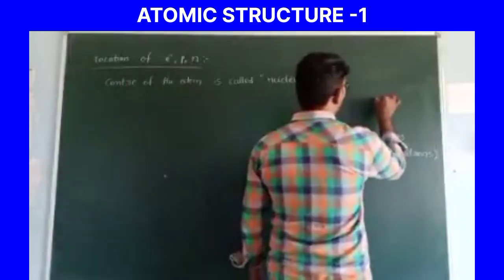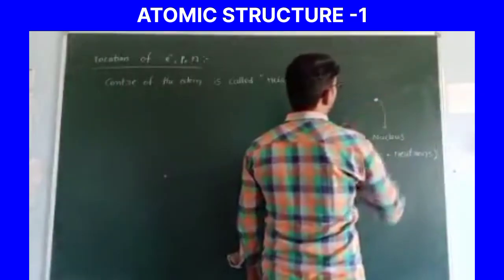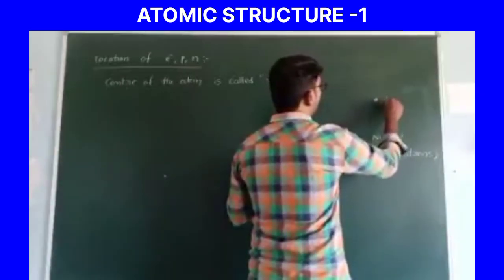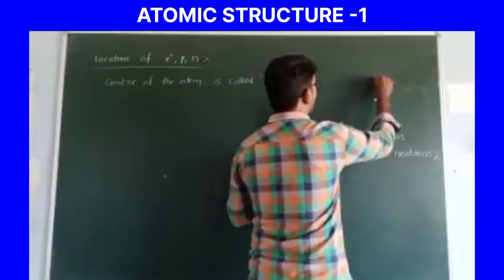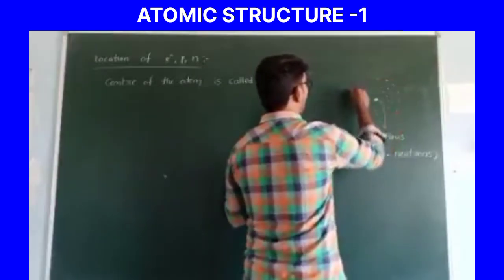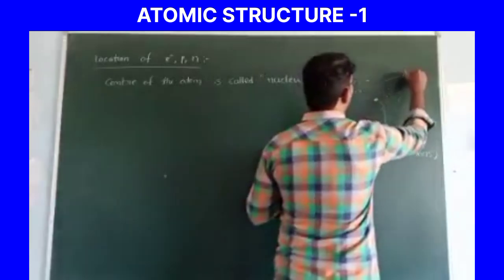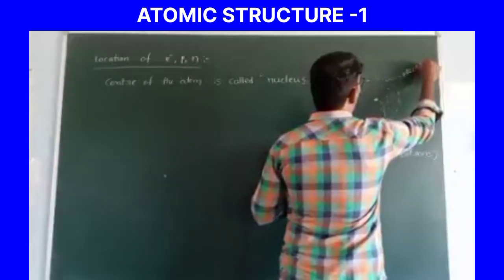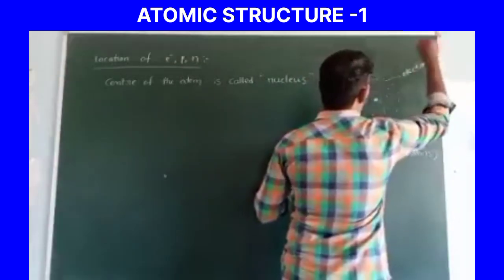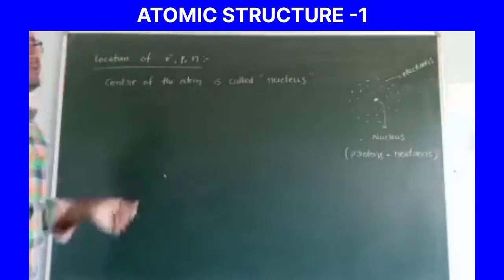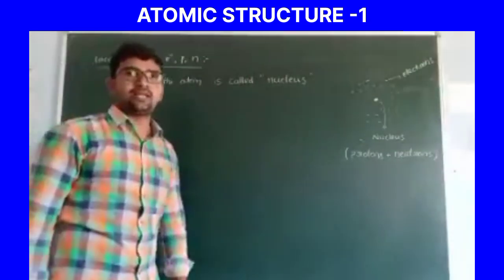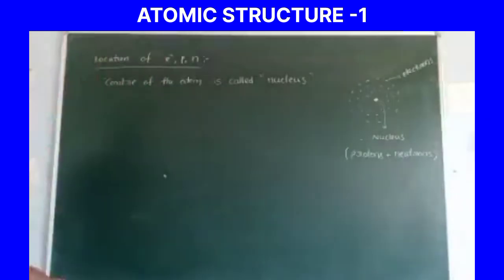But electrons are present outside the nucleus. Simply, electrons revolve around the nucleus.